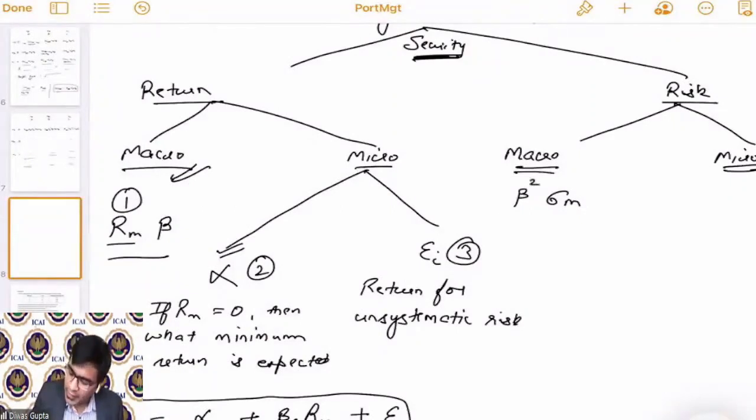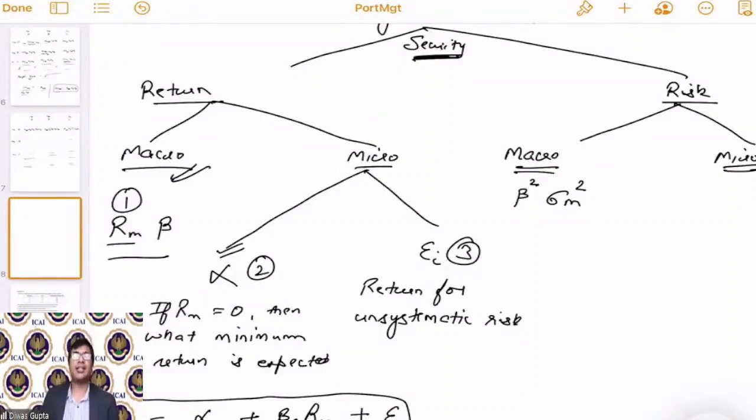The only thing that we have to remember here is that since we are talking about risk, first we always calculate it on a square basis because of the logic that we discussed, and then we finally take a square root. So on the macro factor, we are taking beta square multiplied by the standard deviation of market square.